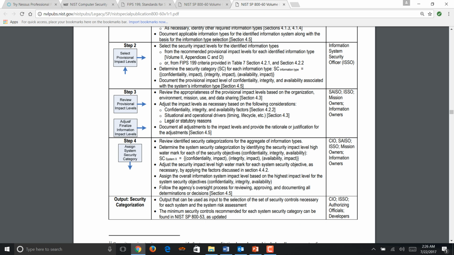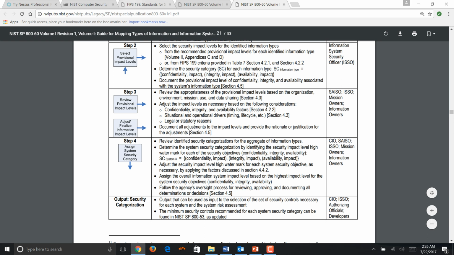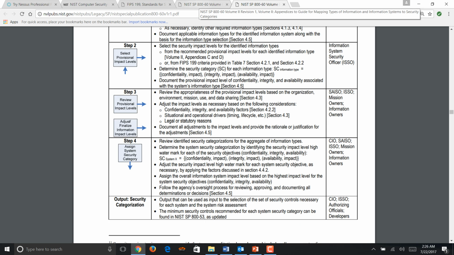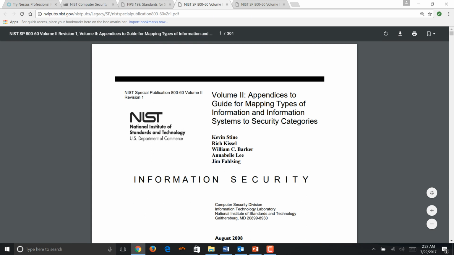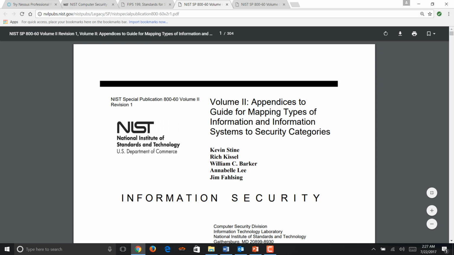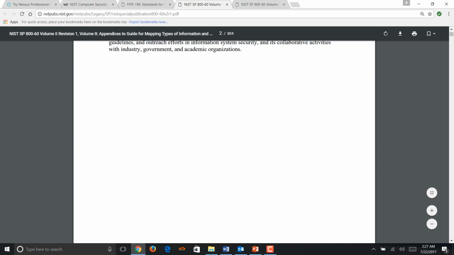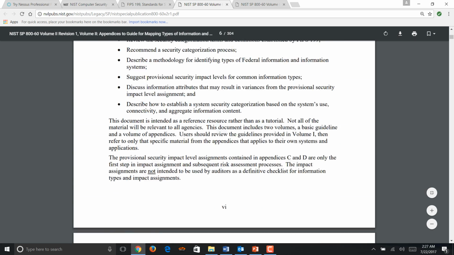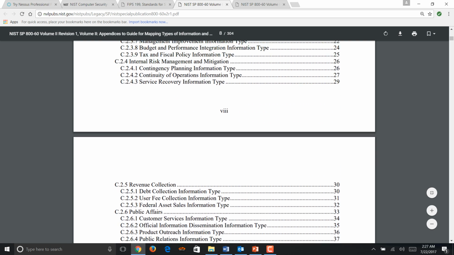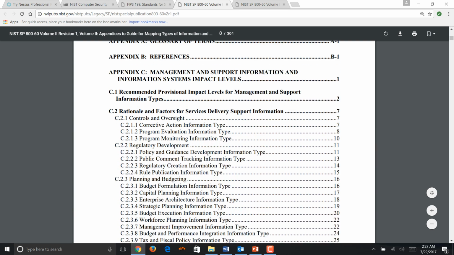All right. So now that we have gone through NIST 800-60 Volume 1, let us quickly look at what NIST 800-60 Volume 2 is all about. NIST 800-60 helps us to understand the various information types, which means the information types in a particular system or systems could fall under any of these NIST information types as described here.